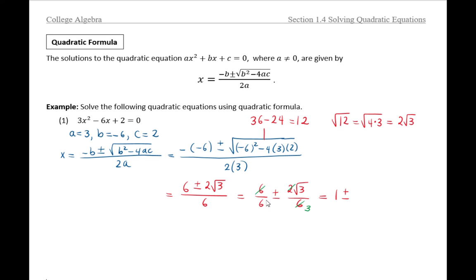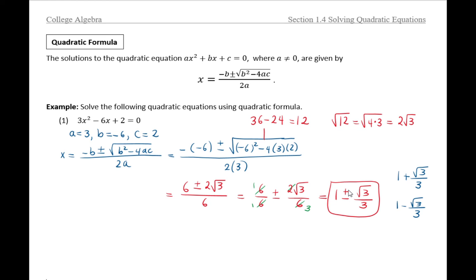These two will cancel, I got 1 and 1. I just want to write that so it's clear. So it's going to be square root of 3 over 3. So these are the solutions for this problem. If you want to write them down separately, it's 1 plus square root of 3 over 3 and 1 minus square root of 3 over 3. So we got two solutions.